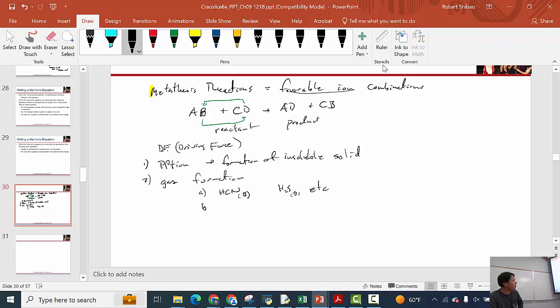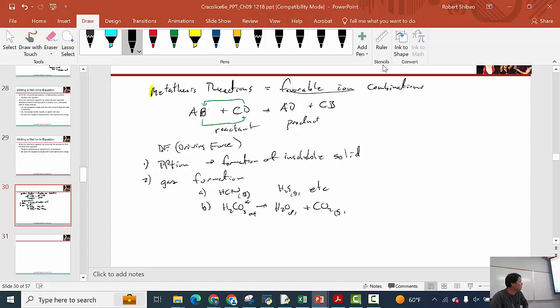Or B, we could have hydrogen ions and carbonate ions. When hydrogen ions and carbonate ions come together, it forms H2CO3, which we call carbonic acid. But the thing about carbonic acid is it decomposes. It's unstable. And so let's put a little asterisk there. It decomposes into H2O, liquid, plus CO2 gas.